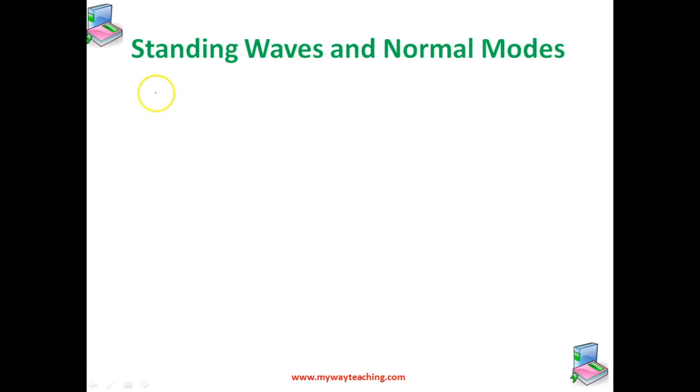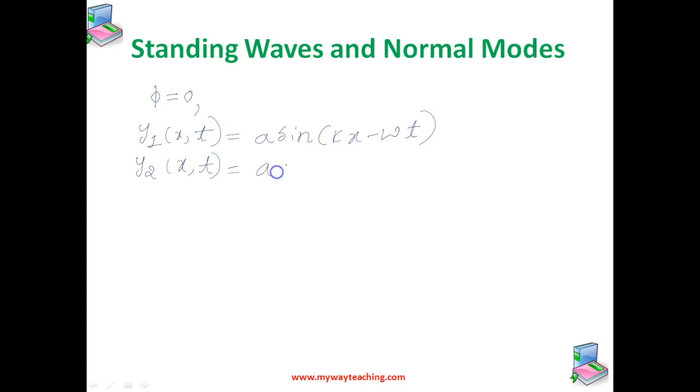In that case, with phase equal to 0, we get what we just now studied: a sin(kx - ωt) and a sin(kx + ωt).